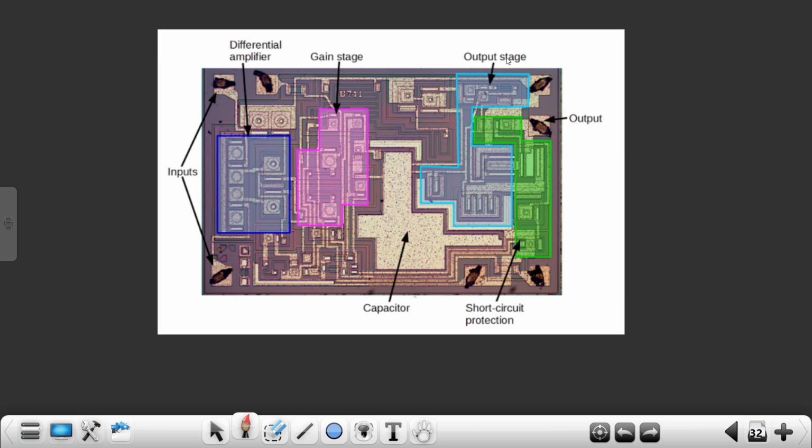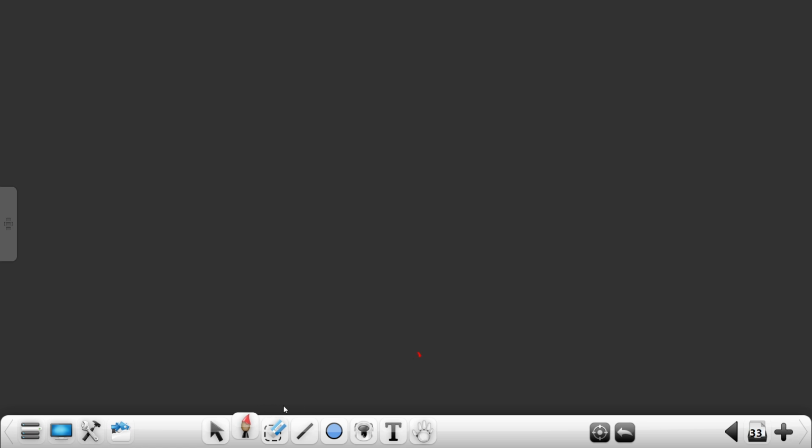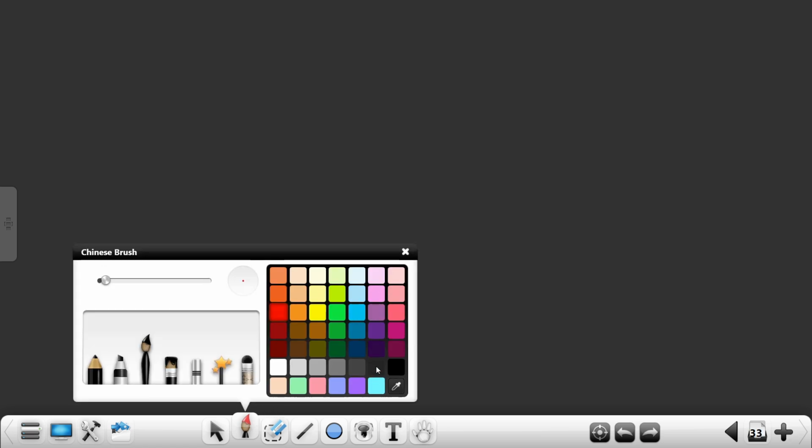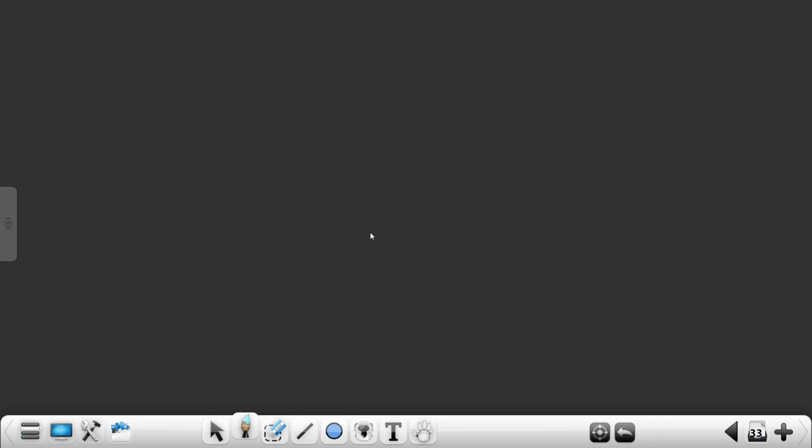But if you look at this particular component, what is a capacitor? A capacitor is a device which holds charge, or releases the charge. And one thing that we know about a capacitor is that it takes some time to charge and discharge.